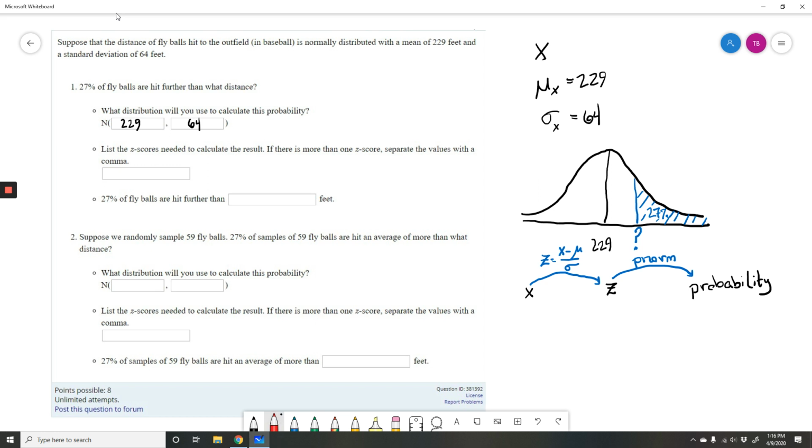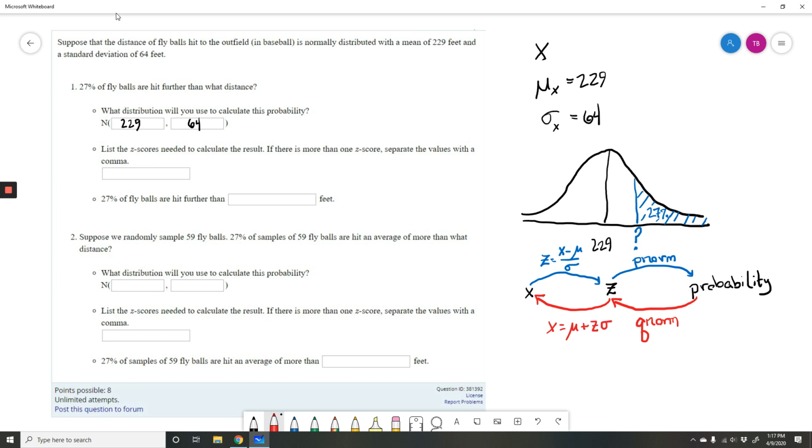We are given the probability. So we want to go backwards. We want to start from the probability and go to the z value. And for that, we use the qnorm function because we already know the p. P is the probability. And then once we have the z, we can use the z to get the x using the formula x equals mu plus z sigma.